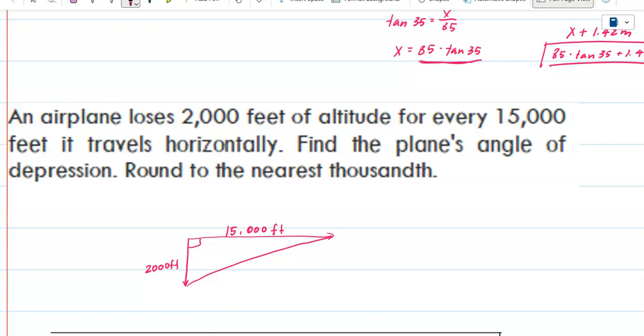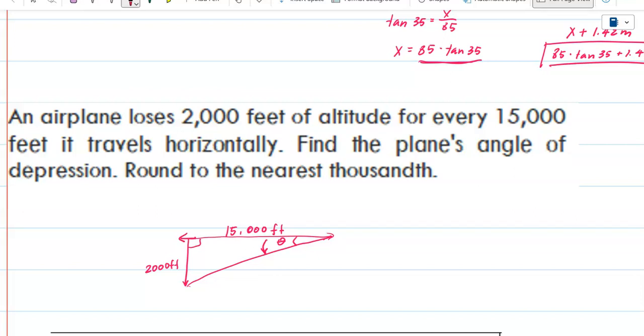The angle of depression would be this angle right here, because once again, here is the horizon, and now you look down from it, or you move down from it. It would not be this angle because you would need a straight line, a horizon, and then a change, which would be going down.